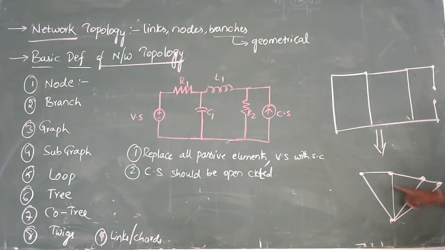What is the representation of these dots? Here dots are nothing but nodes. A node is the intersection of two or more elements at a particular point. If I observe this circuit, the voltage source is at this point, and the resistor is also at the same point, so I can say this is one node. Similarly, this is a node because one terminal of a resistor and one terminal of a capacitor are connected here. So the first thing is node: the intersection of two or more elements at a particular point is called a node.